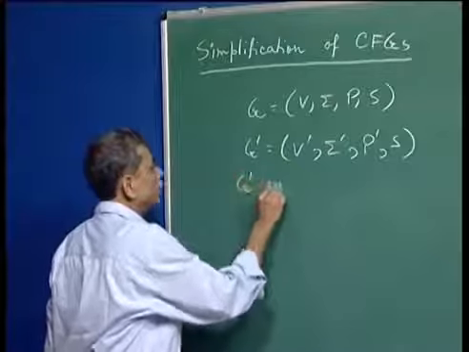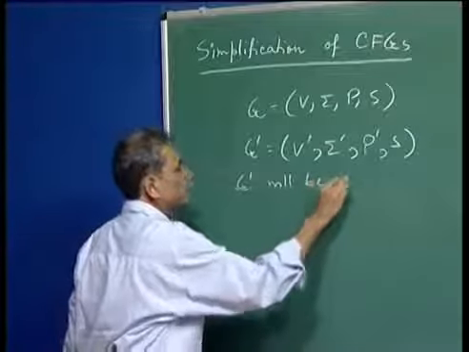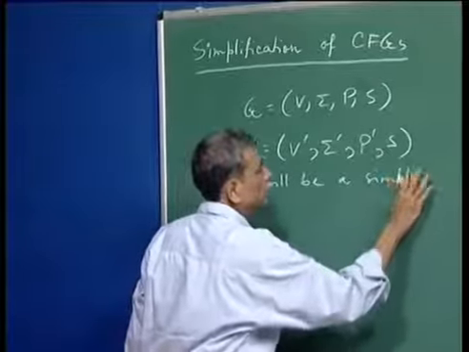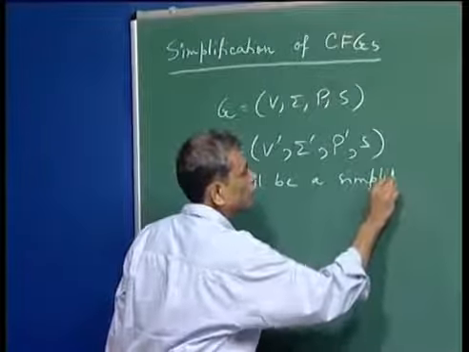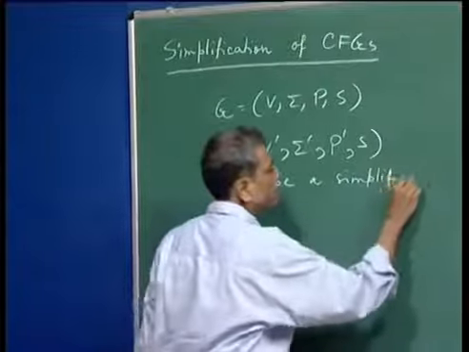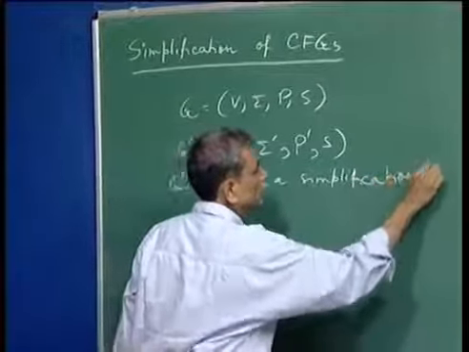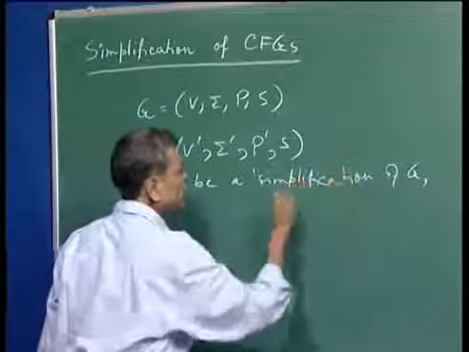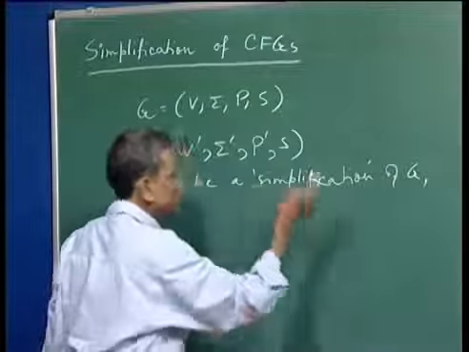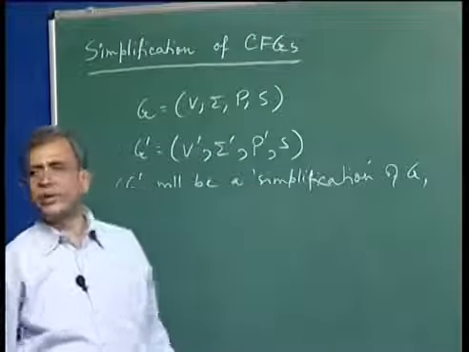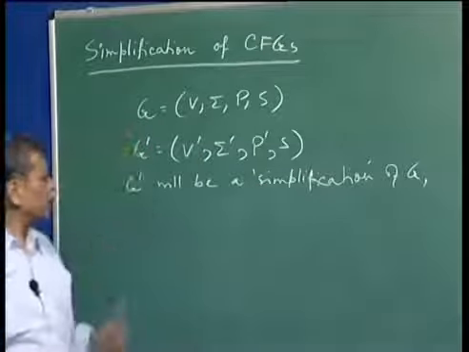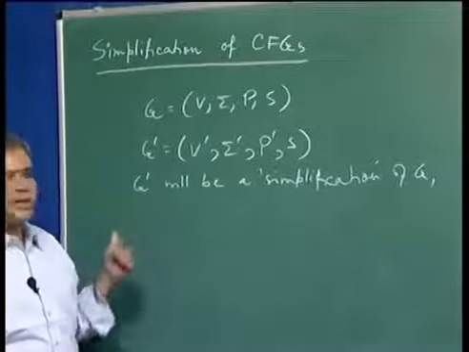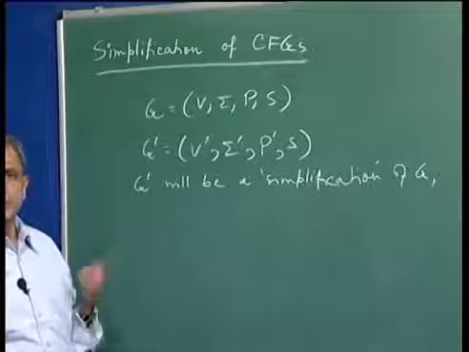G dash will be a simplification of G. We will explain later on what we mean by the kinds of simplifications that we would like to effect. However, both the grammars G dash and G should produce the same language.